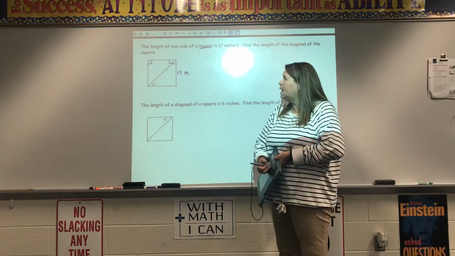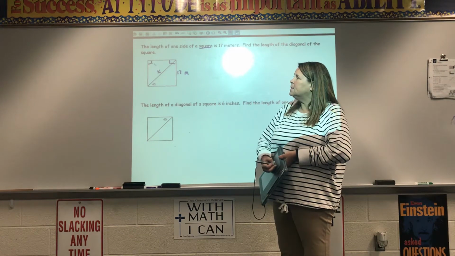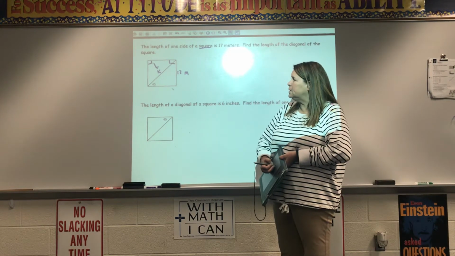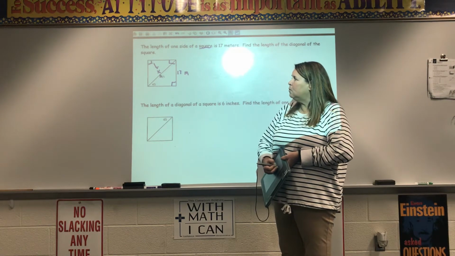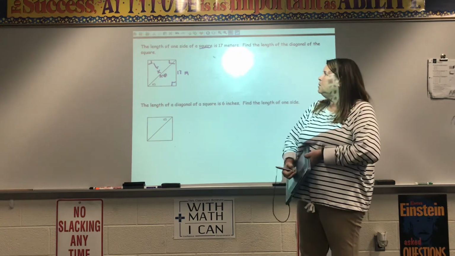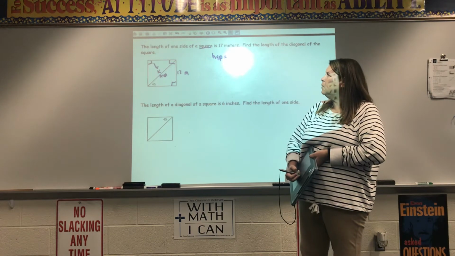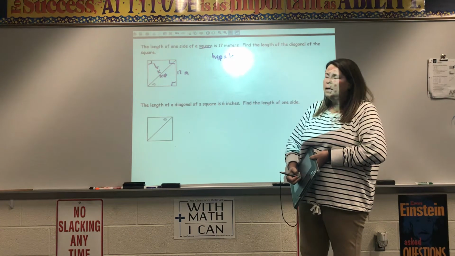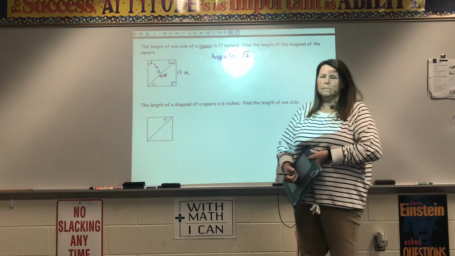Well, here's our diagonal. Because the diagonal is opposite the right angles, that means my diagonal is the hypotenuse. So I'm going to need to use my hypotenuse rule. Hypotenuse equals a leg times radical 2.